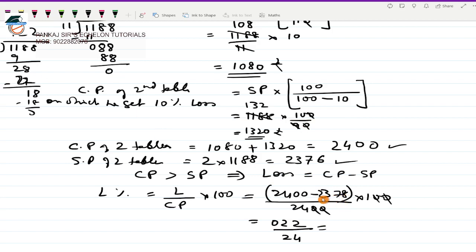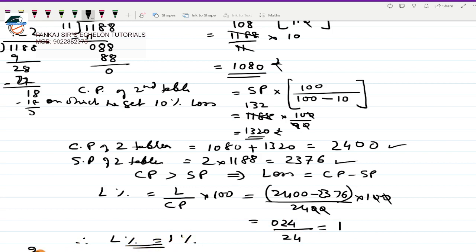This is not 2378, it is 2376. So let me make it 2376. Now if you work out this 10 minus 6, this will become 4, 24. Okay, it works out to 24 upon 24, isn't it? And 24 upon 24 is nothing but 1. Therefore my loss percentage is 1%.